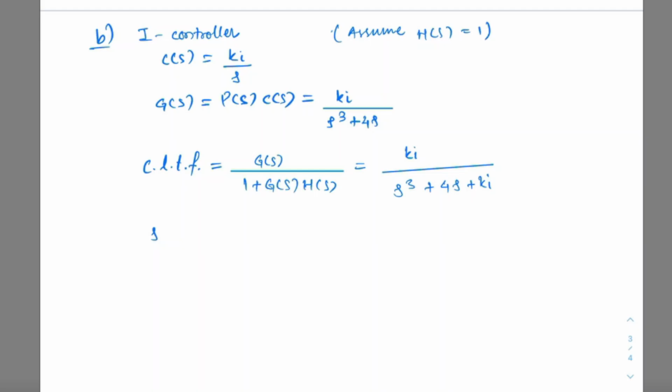So the closed loop transfer function in this case is G of s over 1 plus G of s into H of s.